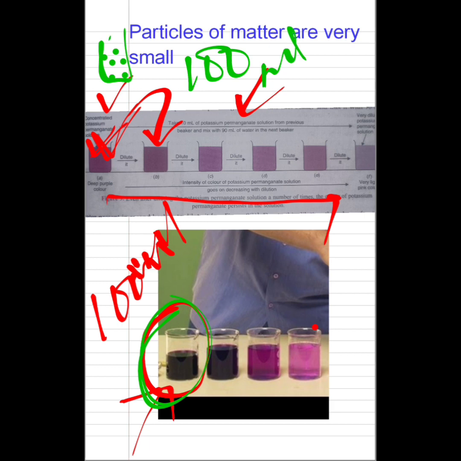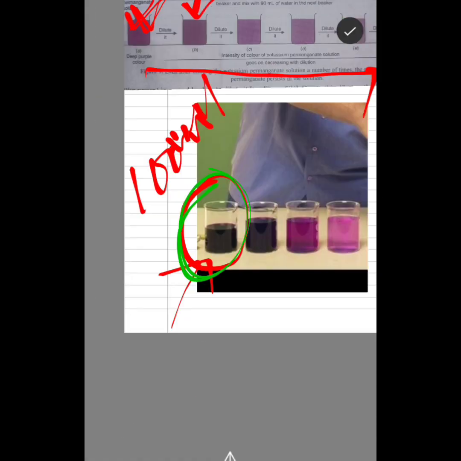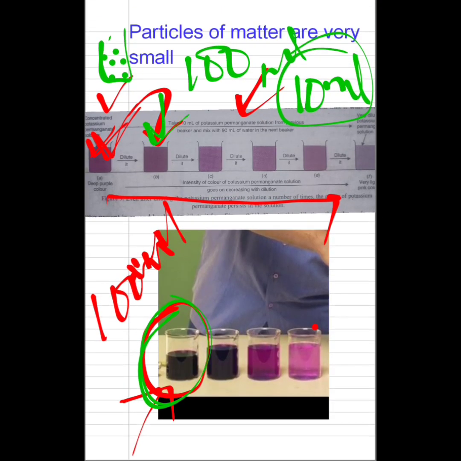From that we take 10 ml of the solution and add it to an empty beaker, and with that we add 90 ml of water. So in that beaker also there will be 100 ml of solution.